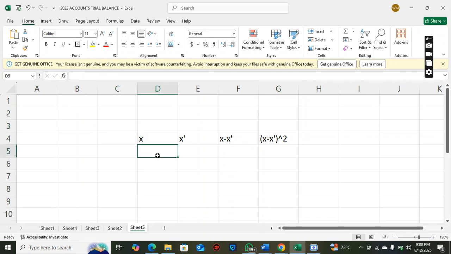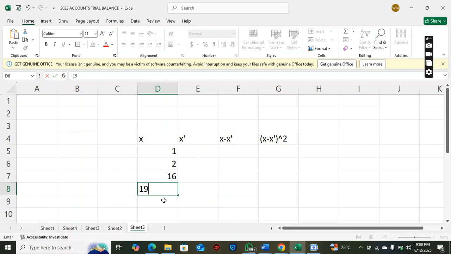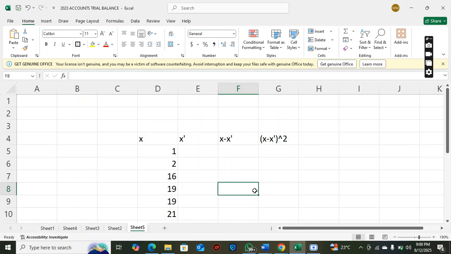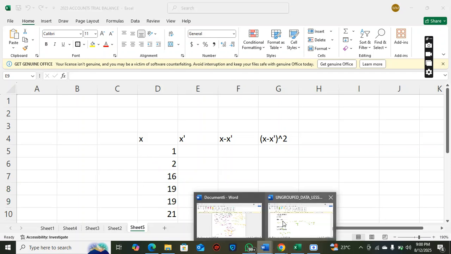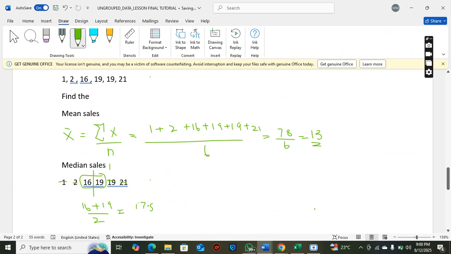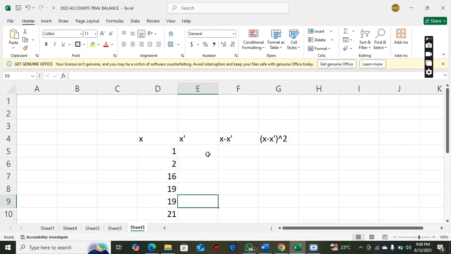So our data values, we had 1, 2, 16, 19, 19, and 21. That is six values. Our mean we said was 13. So here you just put 13.